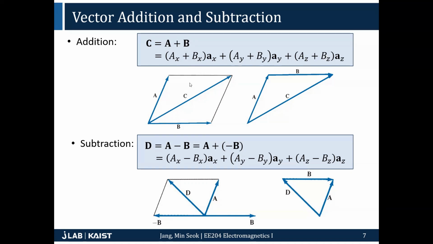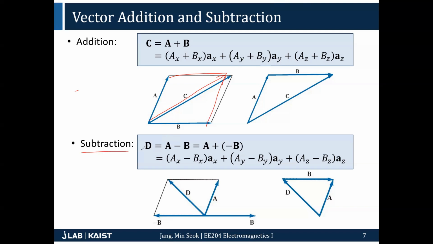Graphically, it can be represented like this. You have an A vector and B vector, then you create a parallelogram based on these vectors, and then the diagonal is the addition of the two.